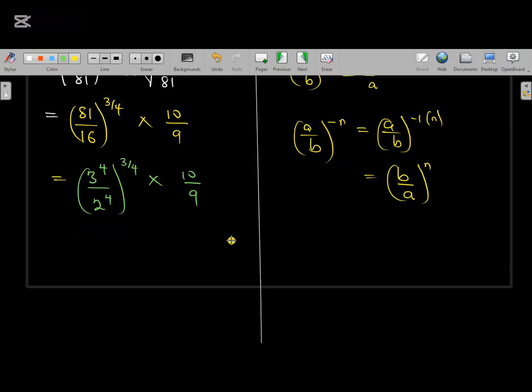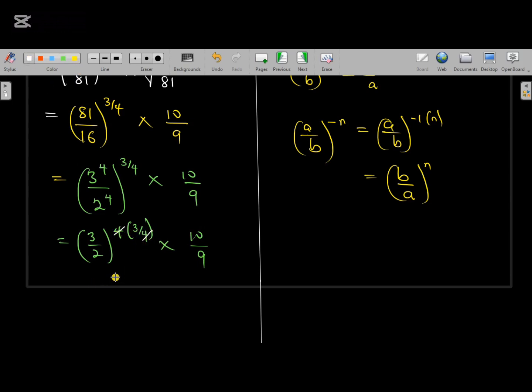Okay, so here now you can gather this 4 up, and when you do, you just have 3 over 2. So when the 4 comes up here, it will multiply the existing power, which is 3 over 4, and then you have times 10 over 9. Okay, and you are done. So the 4 here will take away this 4.